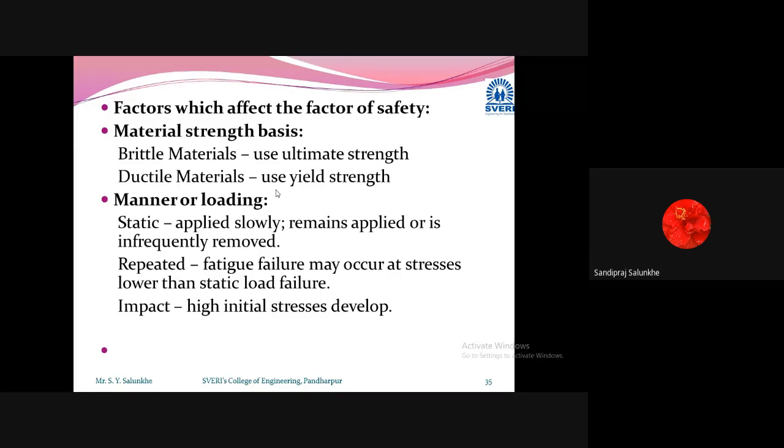For example, if you are designing suspension parts, the spring or suspension undergoes repetitive loading. In that case, it may fail before it reaches its strength. How to design such parts, we are going to see further in the next unit.